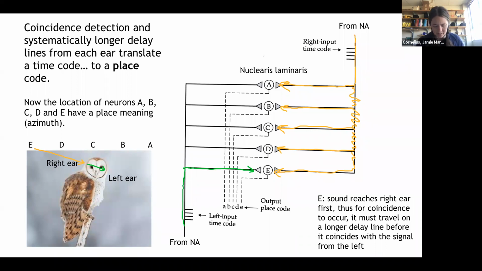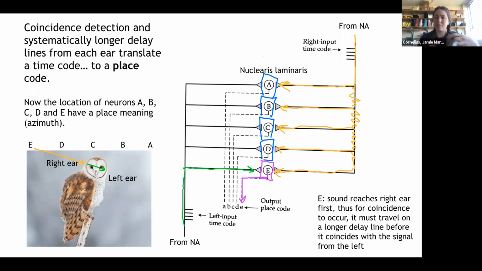And that action potential that comes out of E is now essentially equivalent to a place code. And what I mean by that is that it matters that neuron E is located right here in the nucleus laminaris and not right here or right here or right here or right here. It's a physical place, it's a map.